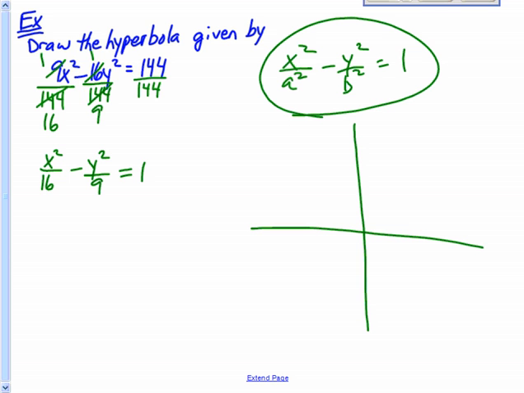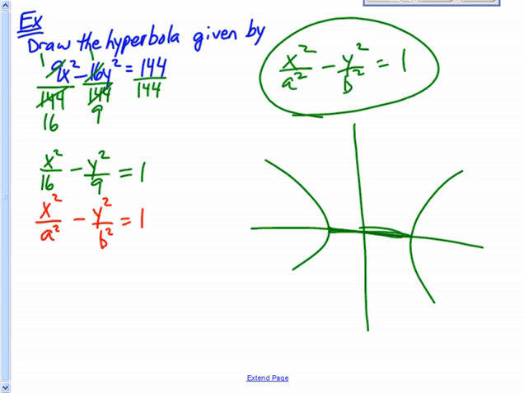Okay, so if we're drawing this thing, we're like, okay, it's going to look something like that, right? Transverse axis is going to be horizontal here. All right. So now you can identify, well, my vertices are going to be at, let's identify our A, they're A distance away from the center here. So you notice A squared equals 16.